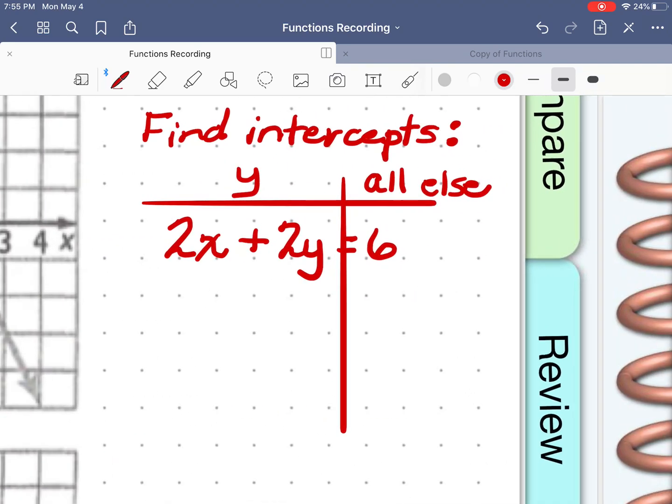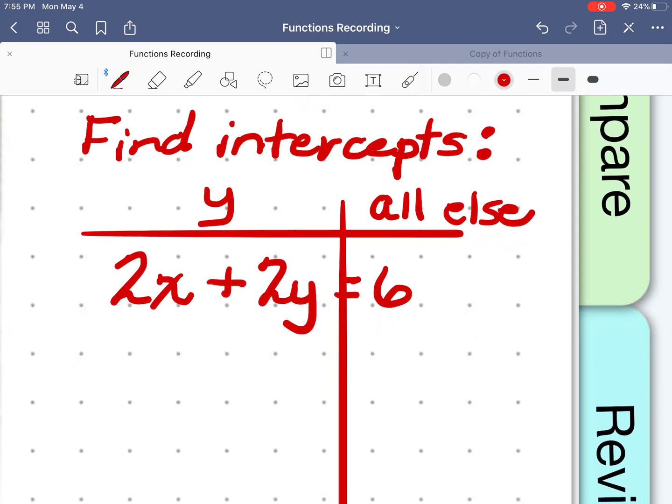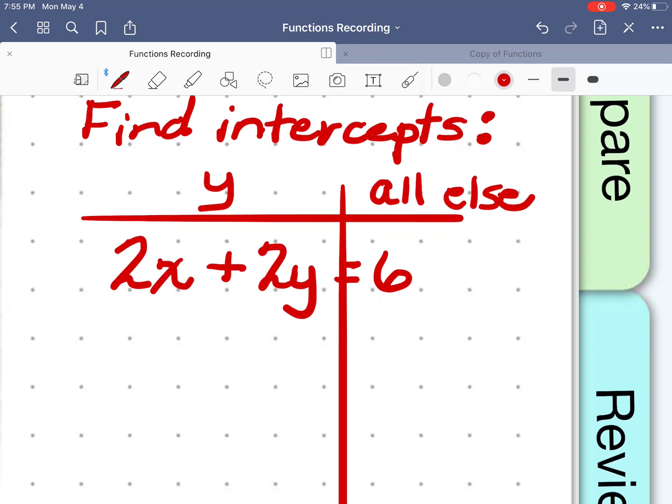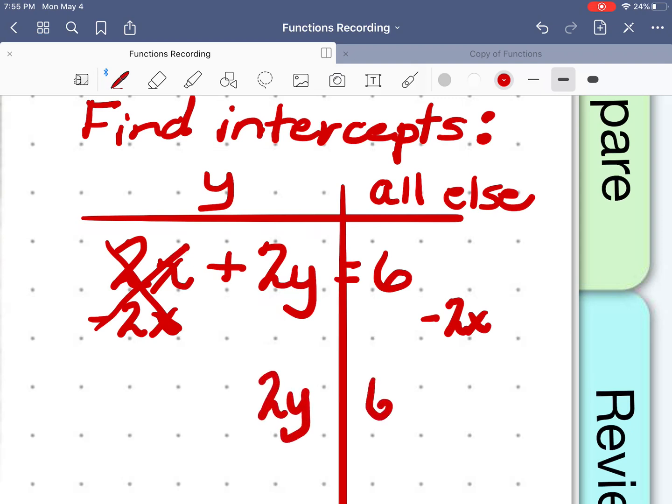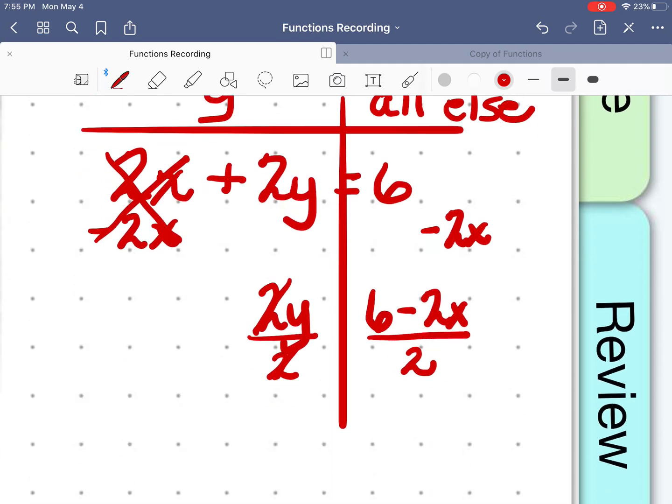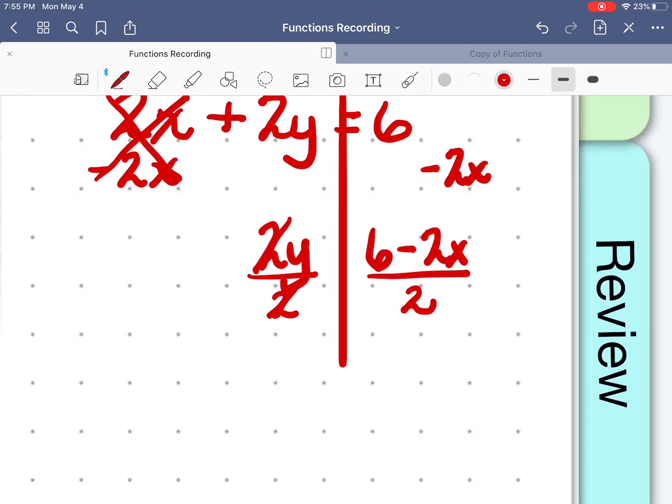Let me zoom in as much as I can. We're going to move the x term off of this side and onto this side, so this will cancel, and I'm left with 2y equals 6 minus 2x. Then I'll divide by 2 to get y by itself.